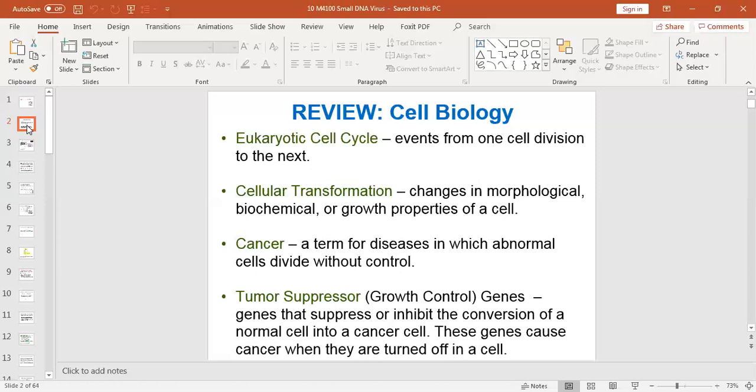Usually in cancers, we have silencing or turning off of tumor suppressors, which allows the cancer to grow and divide. Let's move to slide number 3.